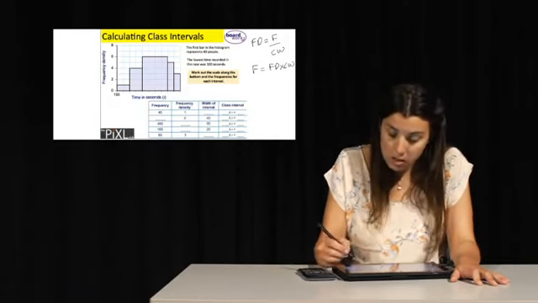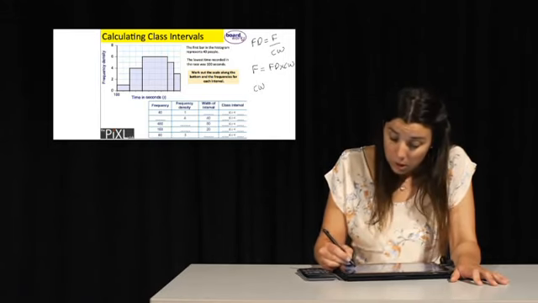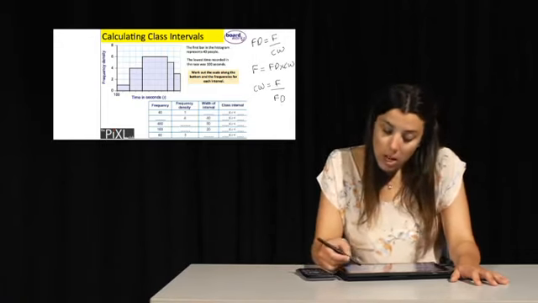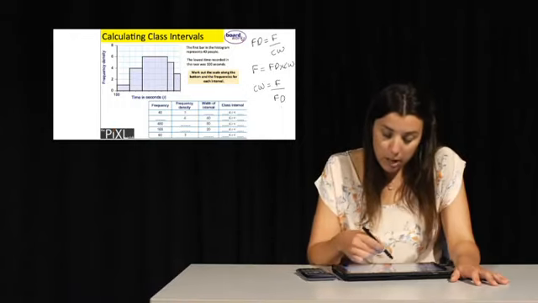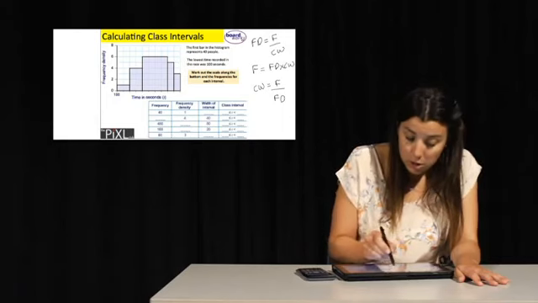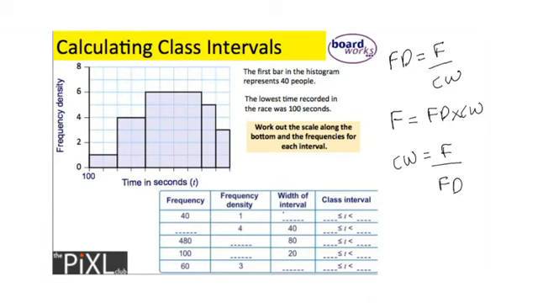And the third way that this formula can be arranged is for class width, or interval. So class width is equal to the frequency divided by the frequency density. So each one of these is going to help us to be able to find our missing values, and we need to choose which one to use when, how to use the information from the histogram and the information given in the table. So we look at the first value missing in the table.